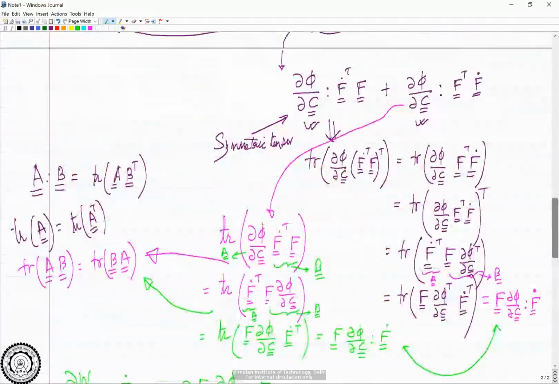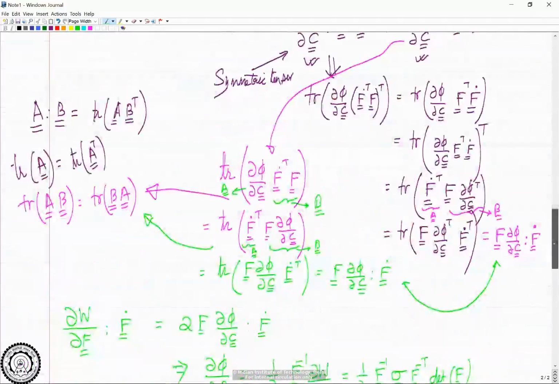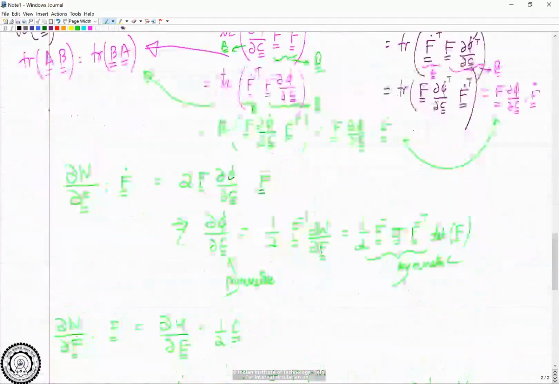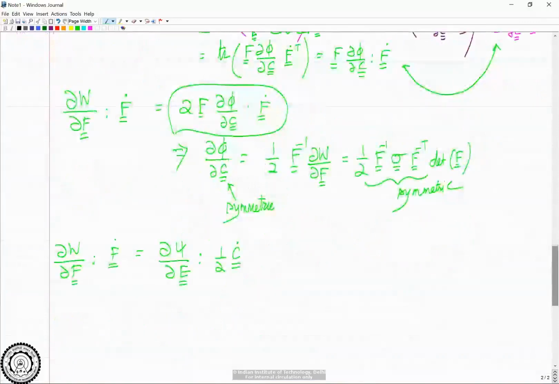So if you compare these two, we had del phi by del C double contraction C dot, and that turned out to be 2 times F del phi del C F dot. So what will be del psi by del E double contraction half of C dot?